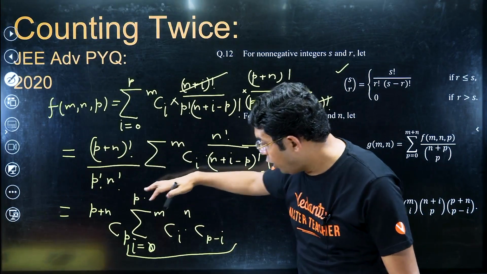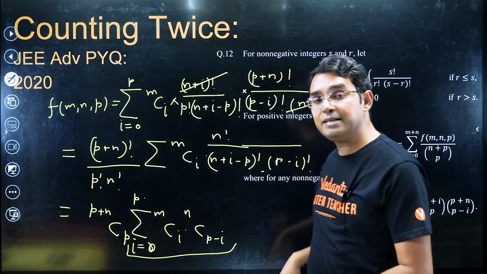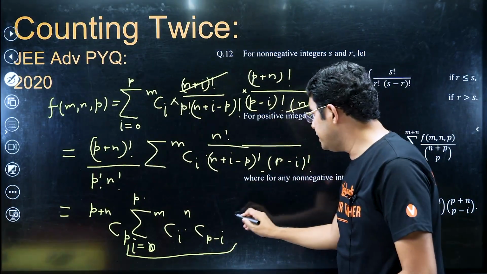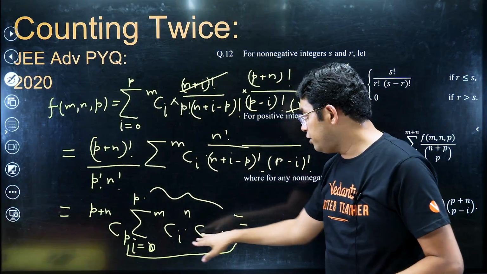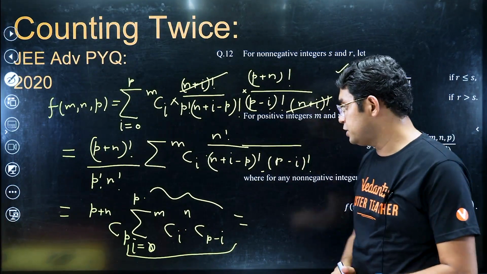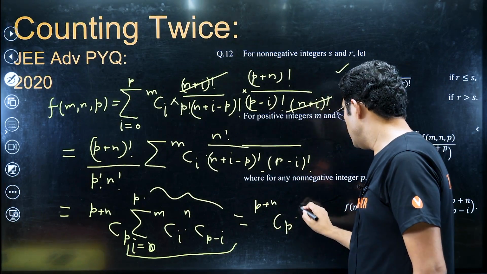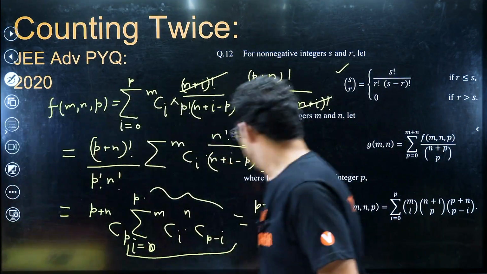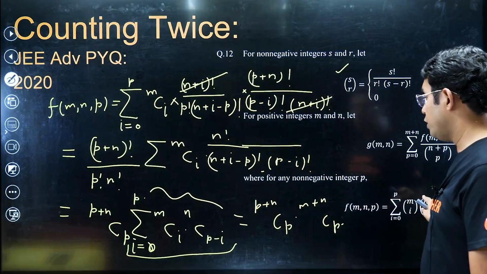So that means all possible defined mCi nC(p minus i) can be there, they are taken care of here. So I can write it directly. I was talking about this as m girls, n boys, and you have to choose a total of p number of persons. So this will give you (p plus n)Cp into (m plus n)Cp. Okay, so I think this is what we are getting for f(m, n, p).